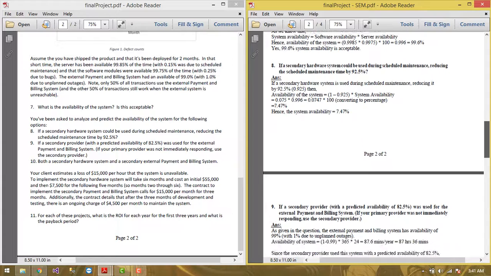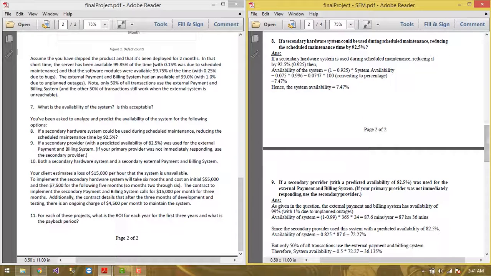And for the 8th question, I have been asked to analyze and predict the availability of the system for the following options. The 8th question was, if a secondary hardware system could be used during scheduled maintenance, reducing the scheduled maintenance time by 92.5%.